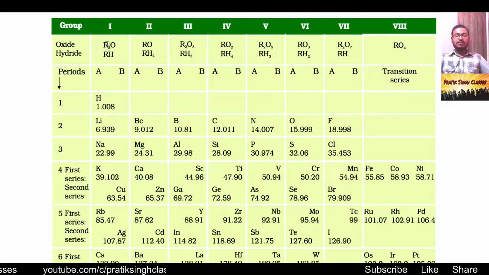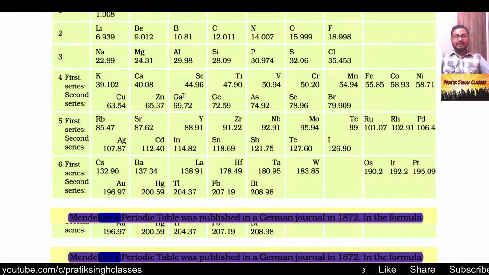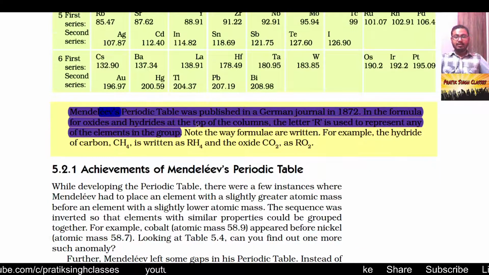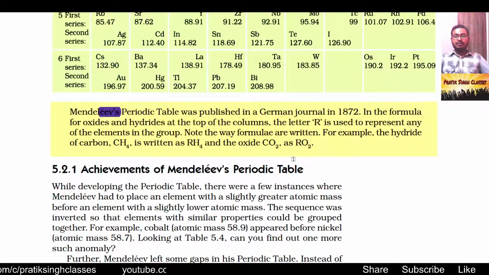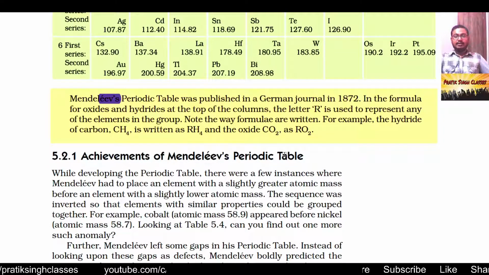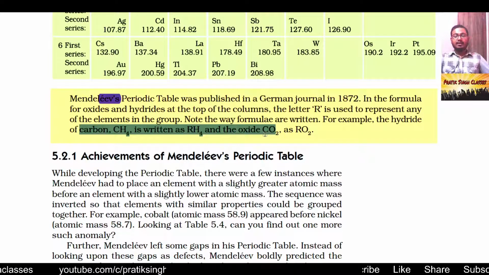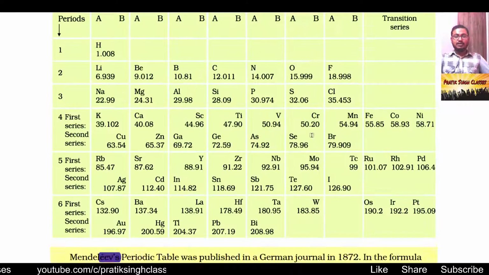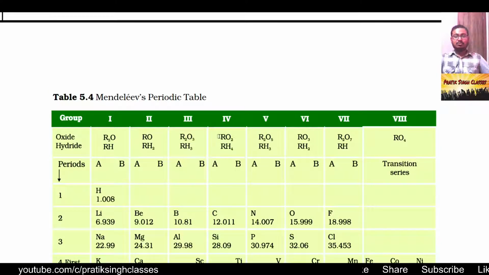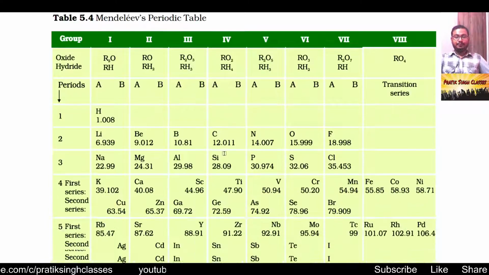At the place of R it is the element, and then the oxide and hydrides as given there. Note the way formulas are written. For example, the hydride of carbon CH4 is written as RH4 and the oxide CO2 as RO2, as you can see here. So just remove R and substitute the element there.